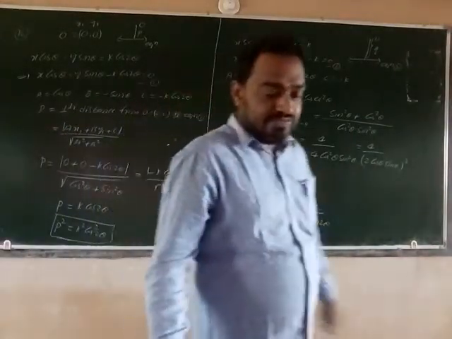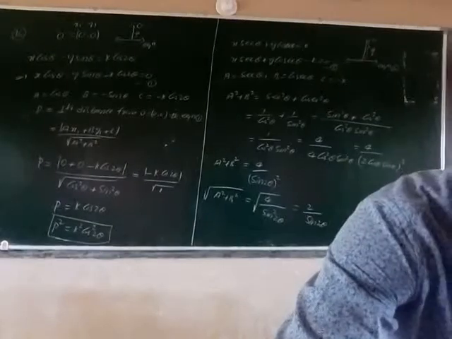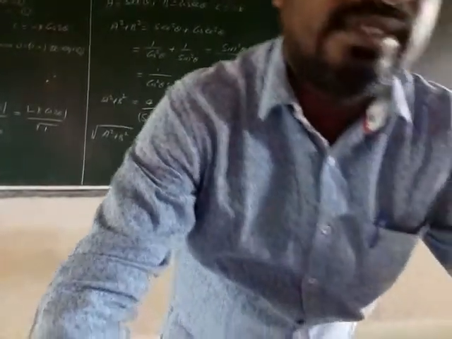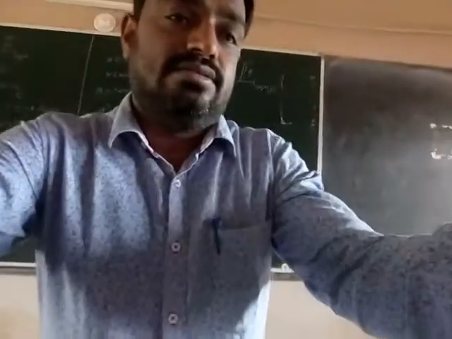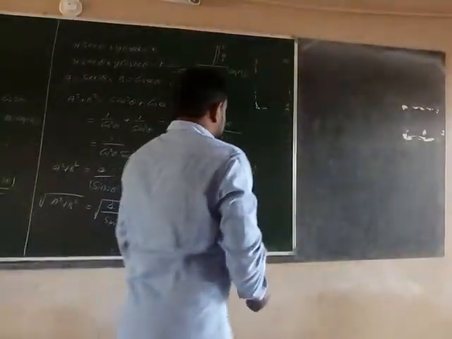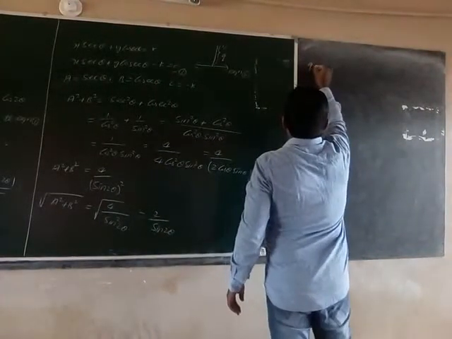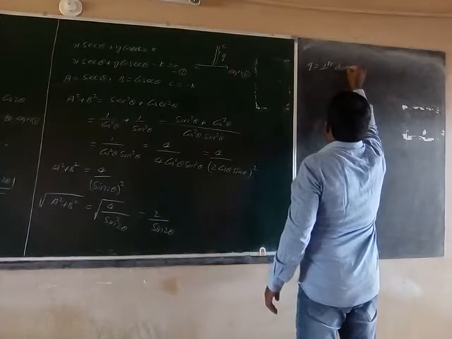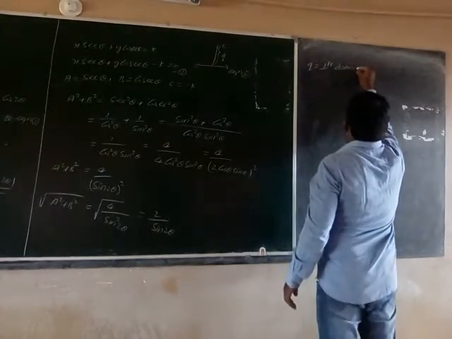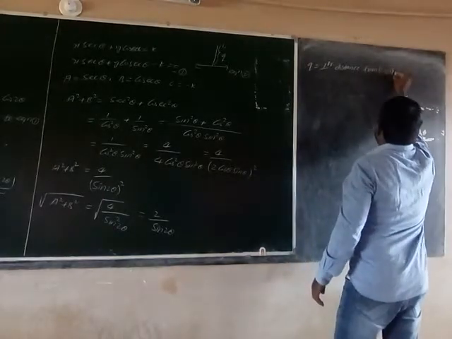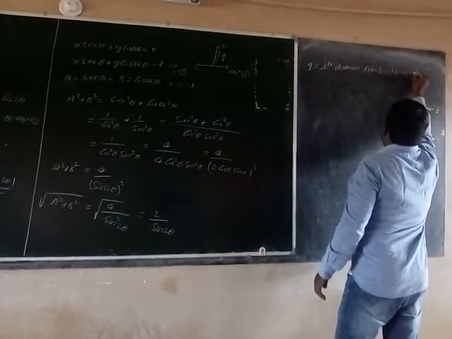Next is q. What is q? Q is the perpendicular distance from the origin (0, 0) to equation number 2.